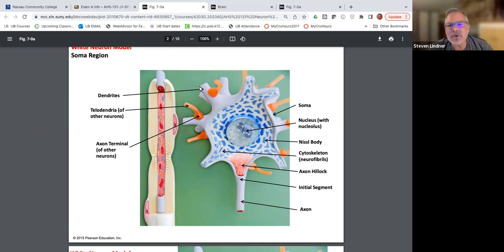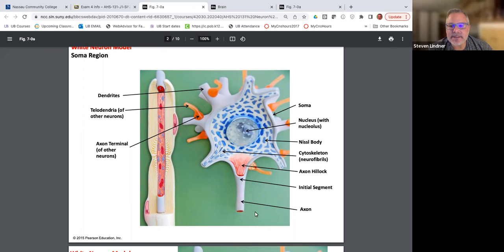Okay, so key parts. We have the dendrites here. Dendra means branches in Greek. So those are dendra. The soma is this entire structure, which is the cell body. It's another way of saying cell body is soma. In the center is the nucleus.